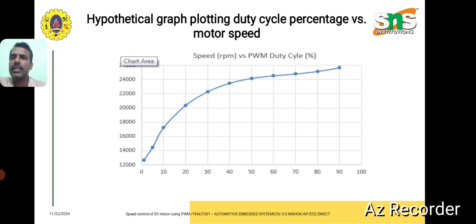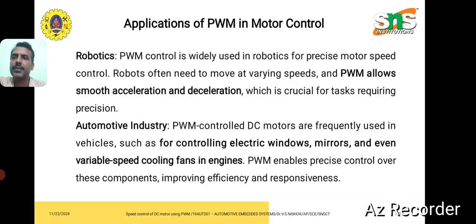When the duty cycle increases from 0, the speed of the motor starts to increase linearly, as shown in this waveform. That is a hypothetical graph plotting duty cycle percentage versus motor speed.